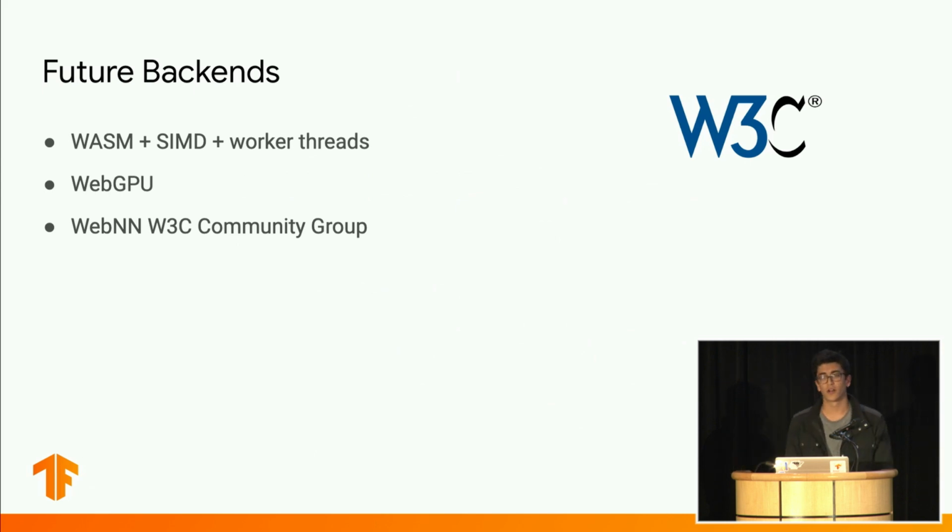We're also part of this W3C community group to standardize what we're calling WebNN. This is a way to expose neural network concepts directly to JavaScript, maybe like conv2d in the browser. And under the covers, the browser will be binding to the native hardware acceleration depending on what that device is. Maybe on Android it's NN API, or on Macs it's Metal. So we're actively part of that discussion.